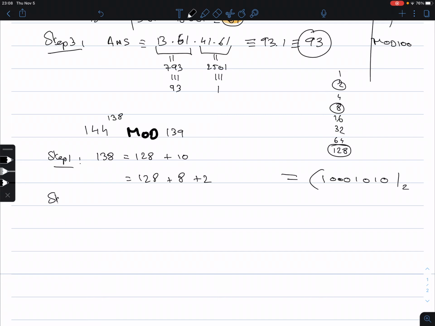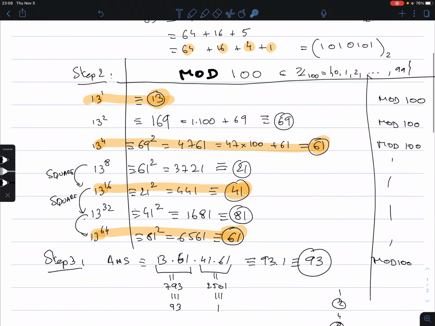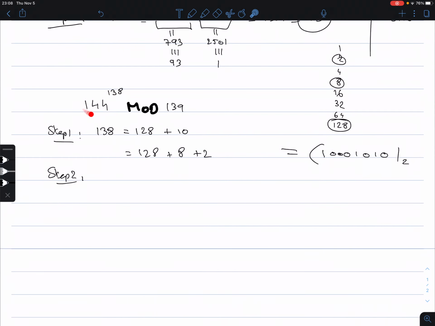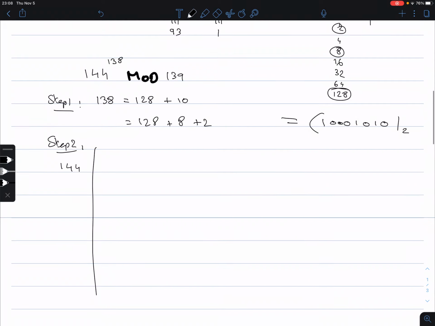So step 2, now we calculate again, keep squaring the number that we start with, our base number, 144. So we do 144 to the power 1, and then 144 squared, and then we square this again, that would be to the power 4. Squaring means doubling the exponent, so we keep doubling the exponent.